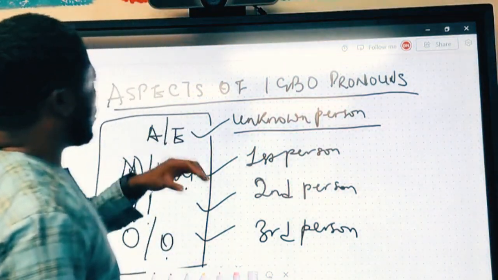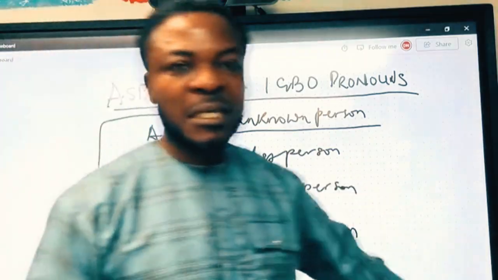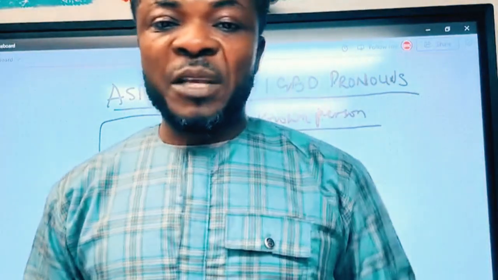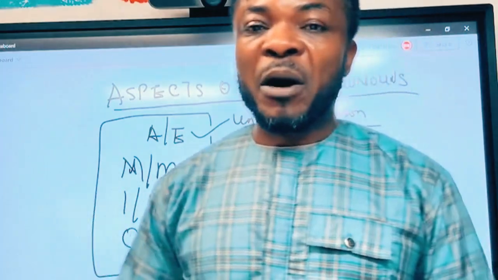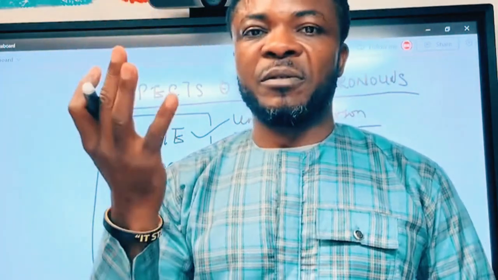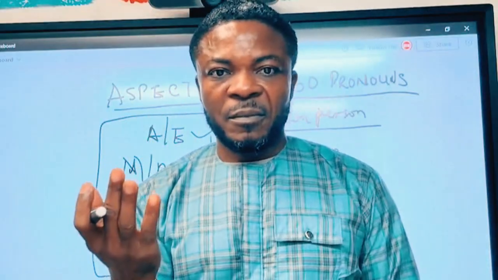All right. So, having seen all of these guys, these are the guys that when they come into a sentence, we know that we are talking about a person, a thing, or a place.